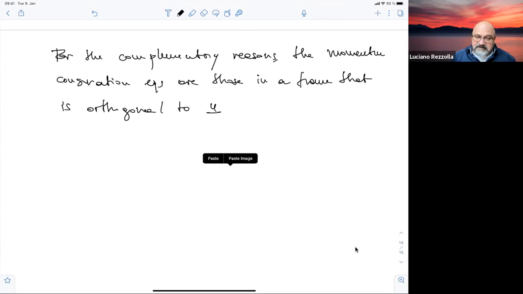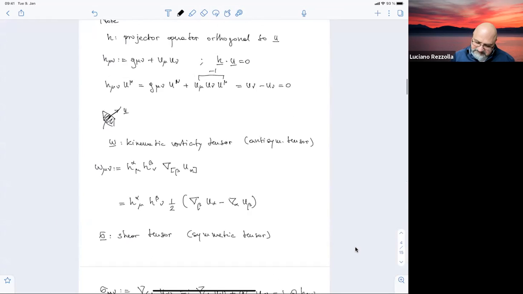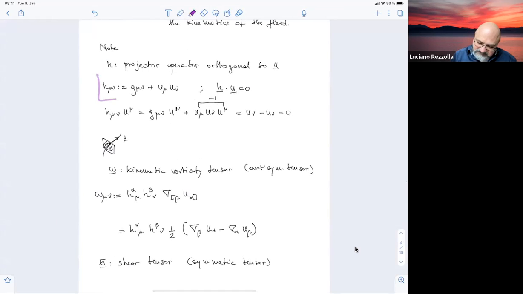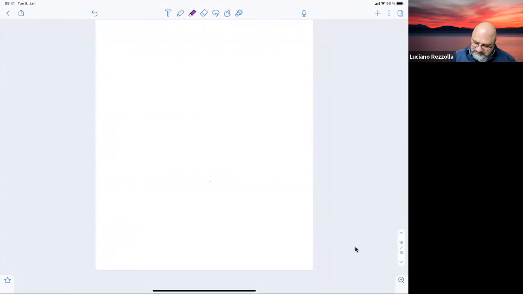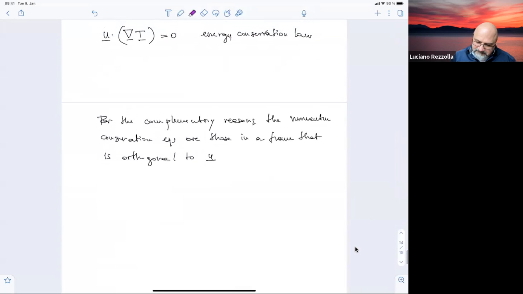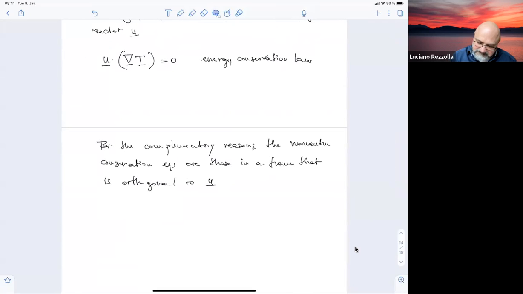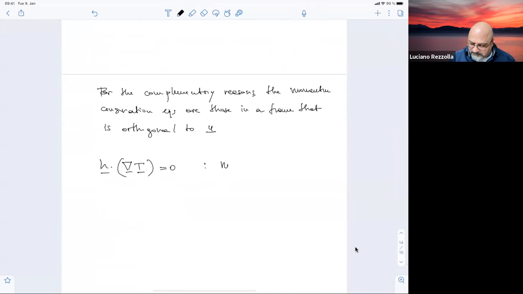And how do I do this? If you remember, somewhere at the beginning we introduced this projection tensor, H. So what I can do is go back here and do exactly the same I've done here, and now project along H. And this would be my momentum conservation law.